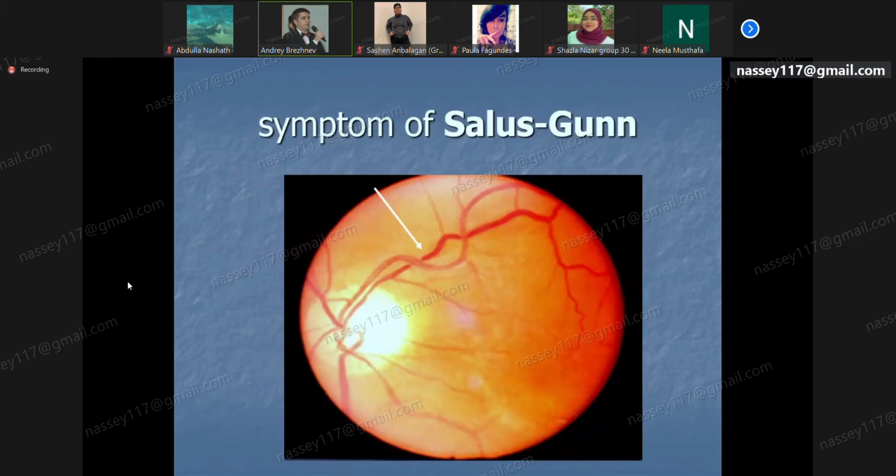This is Salus 3, because this is the dark blood vessel, the vein, and the bright one is the artery. Here you see the area of crossing, and it looks like there is a break in the vein due to this crossing. This is the third stage of the Salus-Gunn symptom.